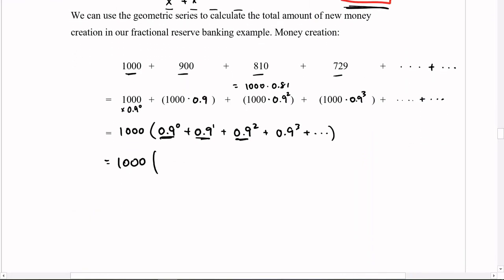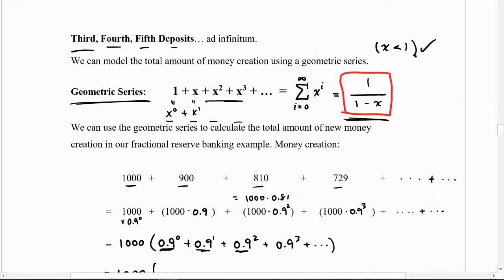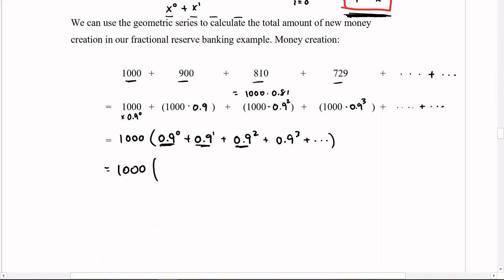It just happens to be that 0.9 is our x. And so if 0.9 is our x, the result of that geometric series is 1 over 1 minus x. And in this case, that's 1 over 1 minus 0.9.